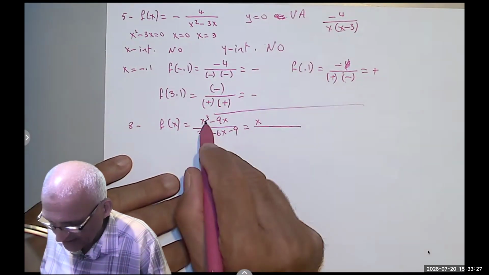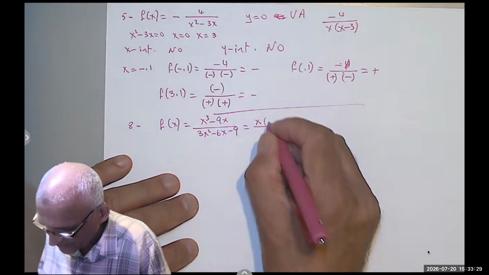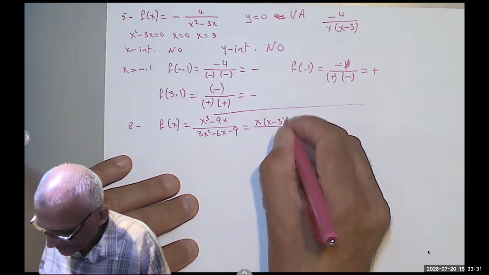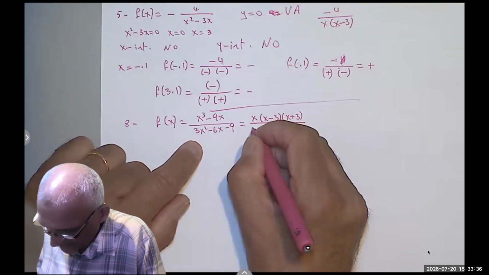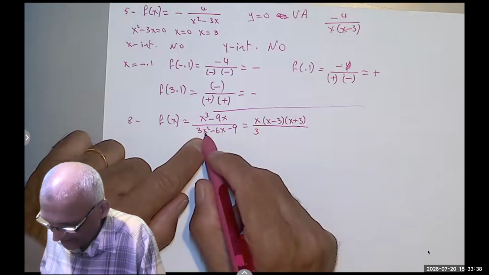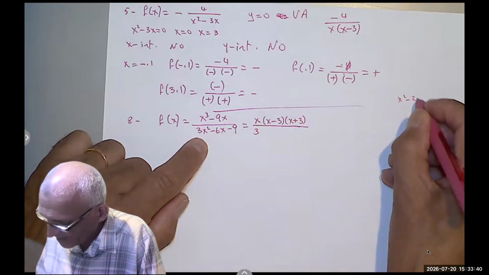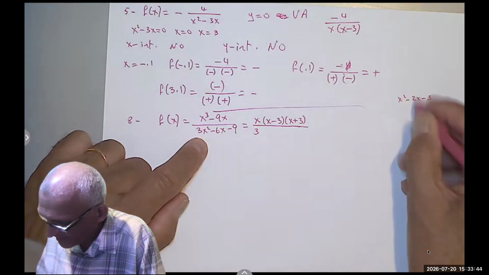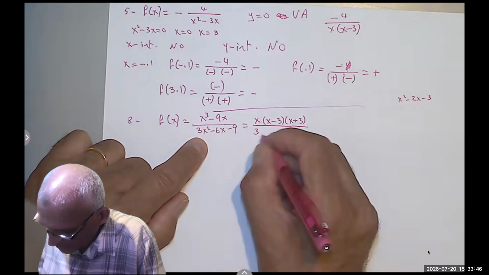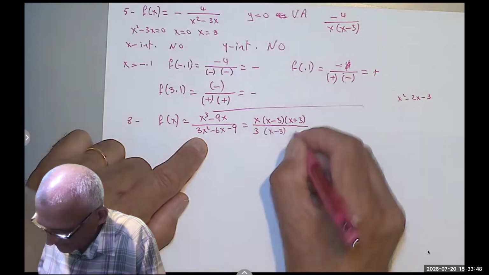Factoring x out gives me x squared minus 9, which is the difference of two squares, x minus 3 times x plus 3. Denominator, I factor 3 out. That would leave me with x squared minus 2x minus 3. I need two numbers that multiply to negative 3 and add to negative 2. So negative 3 and positive 1.